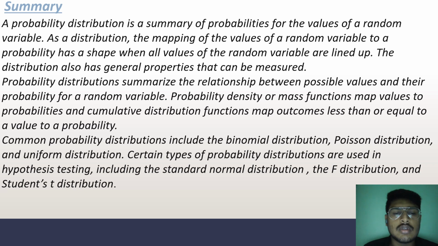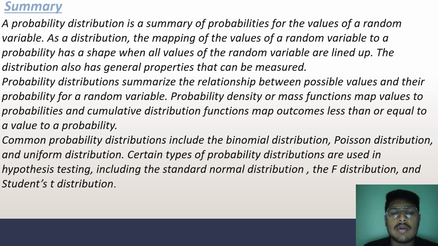Probability distributions summarize the relationship between possible values and their probability for a random variable. Probability density or mass functions map values to probabilities, and cumulative distribution functions map outcomes less than or equal to a value to a probability.